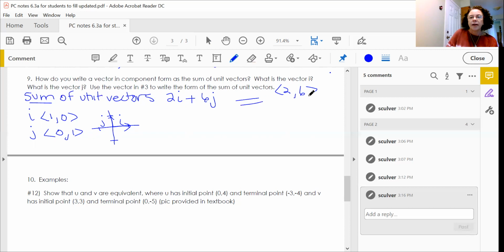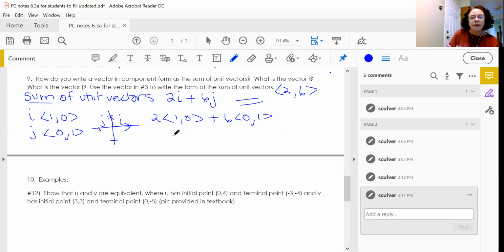The reason why this is vector 2, 6 in component form and the same vector in sum of unit vector form is if I took 2 and multiplied it by vector i, which is 1, 0, and added it to 6 times vector j, right?